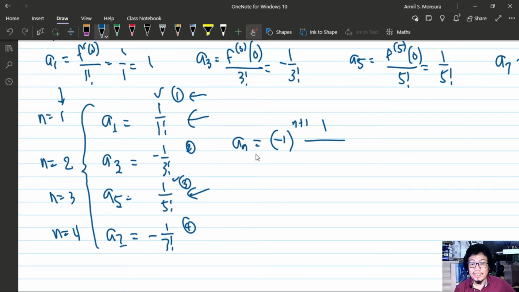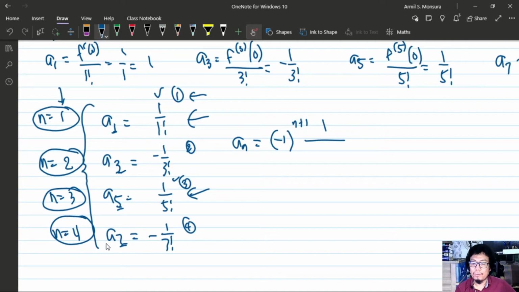Now, if we base our counting on these n's and not on the subscript, we would like to form an expression that would give us 1 when n is 1, 3 when n is 2, 5 when n is 3, and 7 when n is 4. And that expression is actually 2n plus 1.